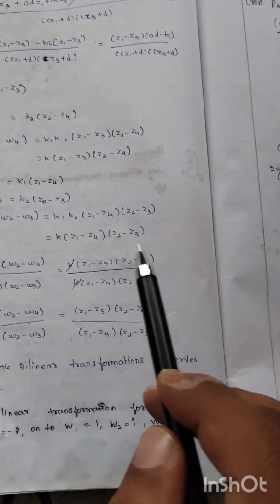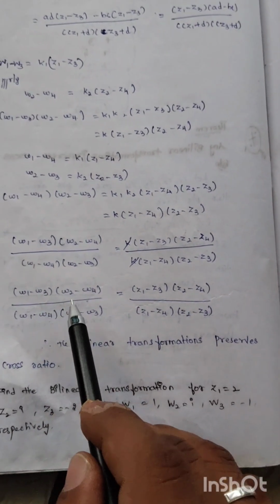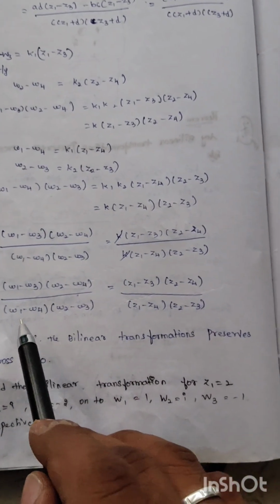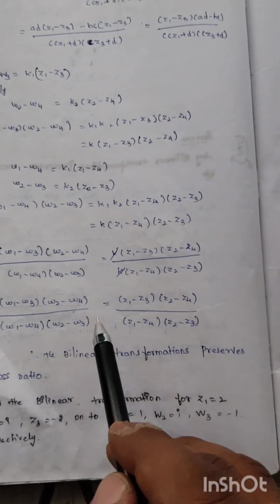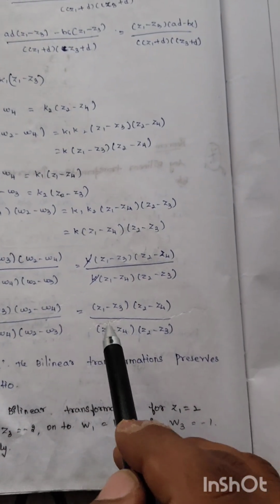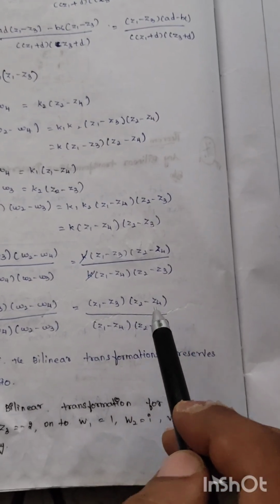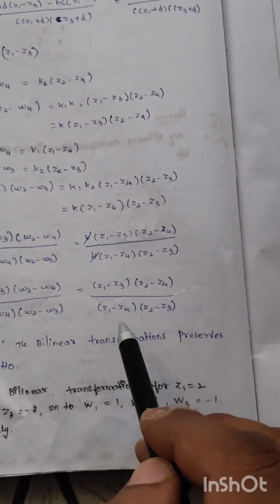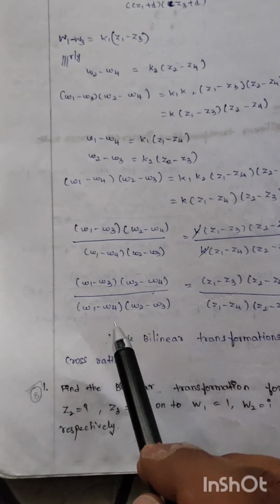K and K cancel. So we get (w1 minus w3) (w2 minus w4) divided by (w1 minus w4) (w2 minus w3), which is equal to (z1 minus z3) (z2 minus z4) divided by (z1 minus z4) (z2 minus z3).